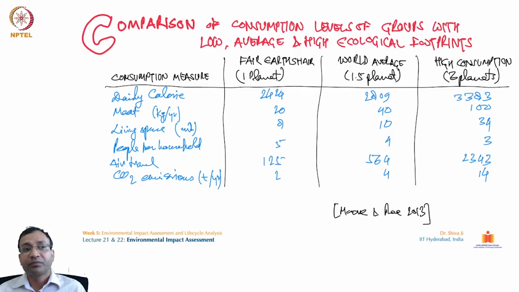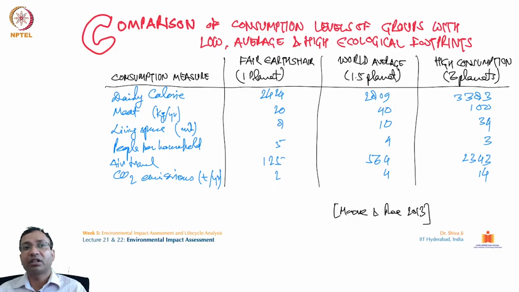Then home energy use, motor vehicle travel in kilometers per year, air travel, then CO2 emission in tons per year. The fair earth share talks about consuming just the resources which can be supplied by one earth unit. For example, daily calorie supply.